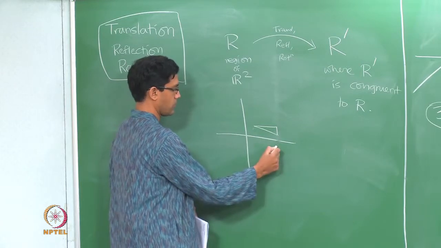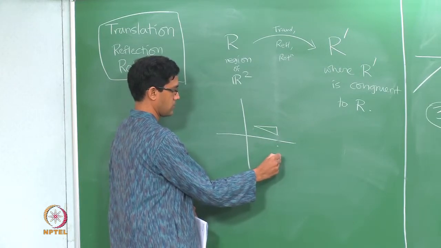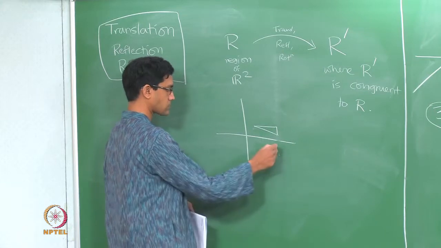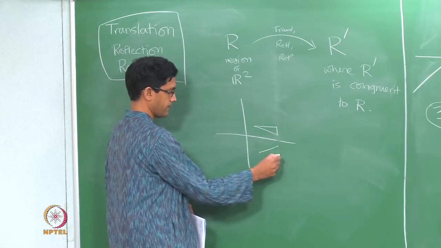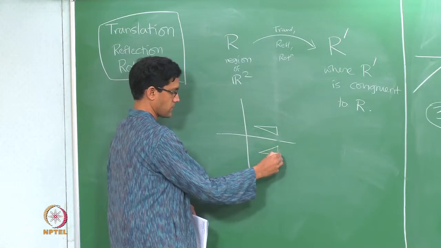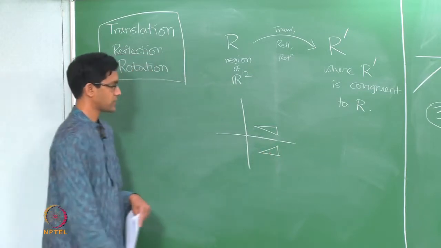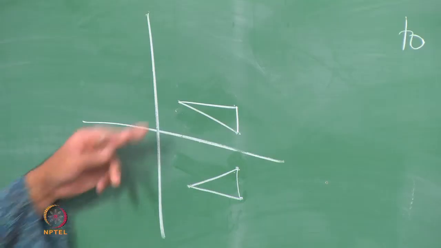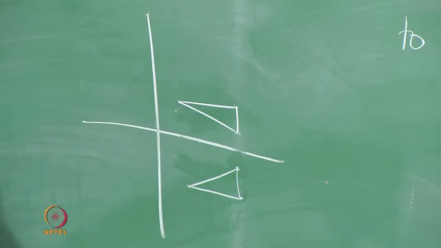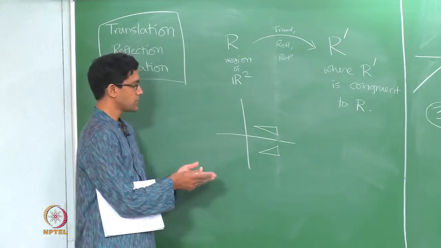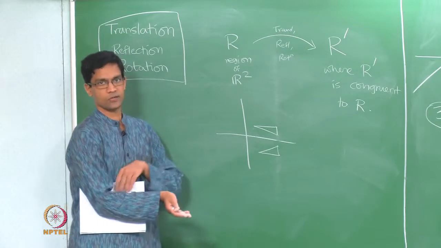So maybe we will just draw it a little better. So that is the reflection about the x axis of this original figure R, but again it is clear they are congruent. In order to make them superimpose, you just need to align the correct sides together.